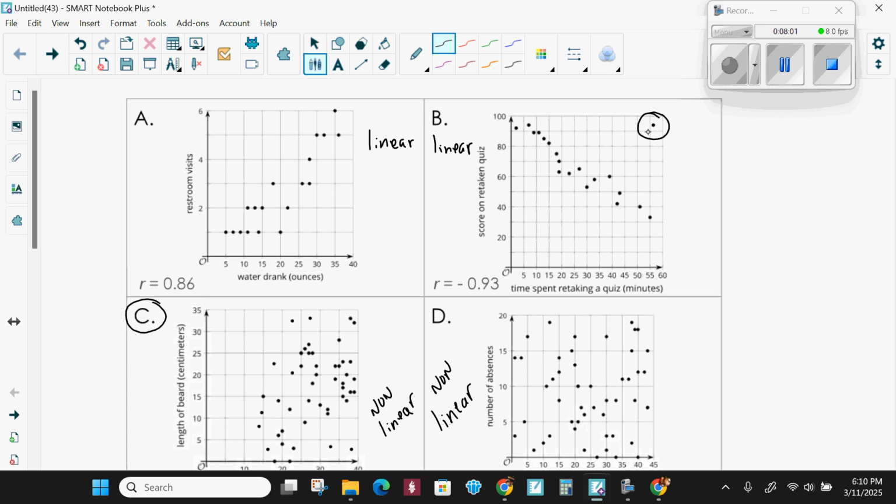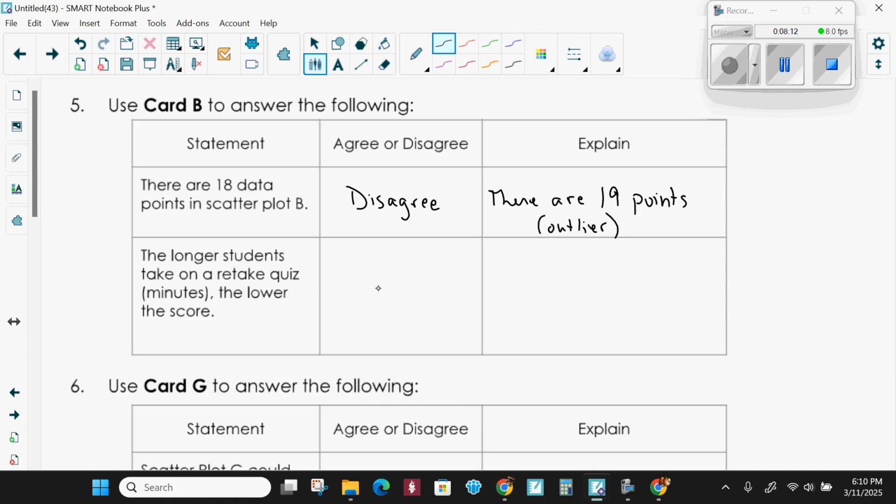Now there's that outlier there, so this would be a true statement because looking at the majority of the quizzes, they are getting lower grades the longer they take on the retake. So I would agree with this. The data has a negative association.